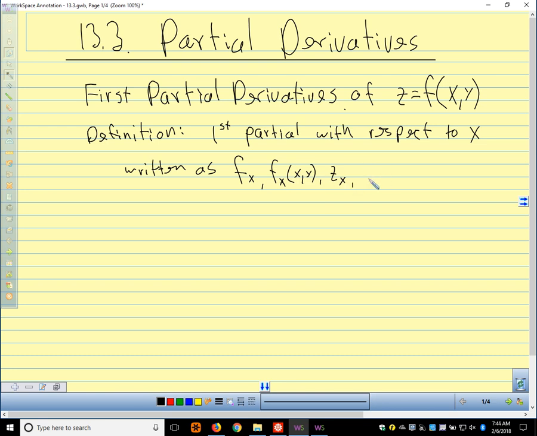Our new symbol, the partial derivative with respect to x. So it's a d that's kind of curvy. That's our new symbol, a curvy d. That's a curvy d, not a delta. Delta looks like this.